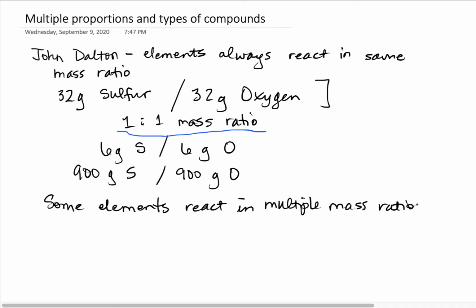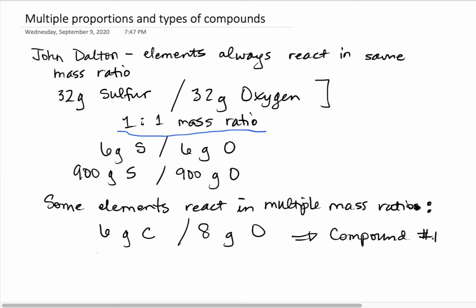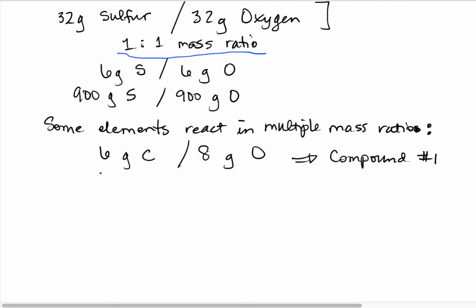So, for example, let's say if you use 6 grams of carbon and it reacted with 8 grams of oxygen, then this would make compound number 1. And you could make compound number 1 again if you used 12 grams of carbon and 16 grams of oxygen. In other words, you doubled the amount of both of these.